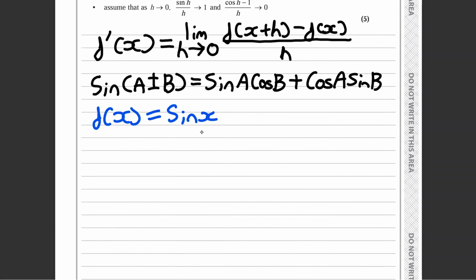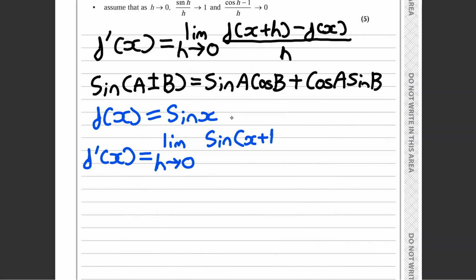So therefore, to differentiate this, it's going to be f dash of x is equal, so if we use this formula here, it's going to be the limit as h approaches 0 of f of x plus h, so this is going to be sin of x plus h, and then minus f of x, so this is just minus sin x, and all of this is over h, like this here.